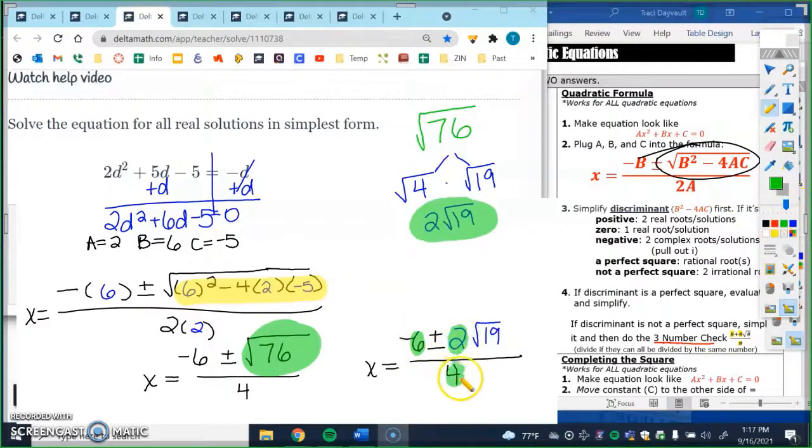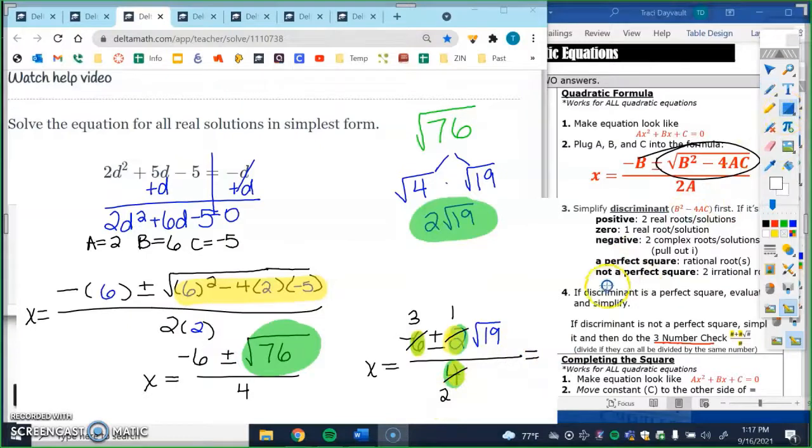This is like simplifying a fraction. 6, 2, and 4, can those all be divided by the same number? Yes, they can. And what is the largest number that they could be divided by? We could divide all of them by 2. Divide by 2, divide by 2, divide by 2.